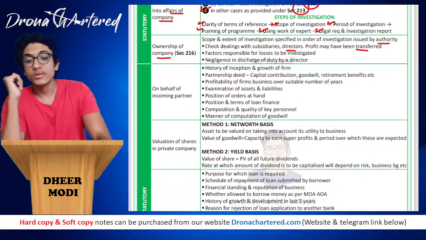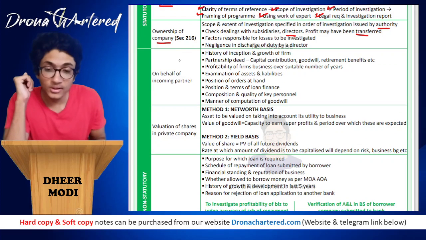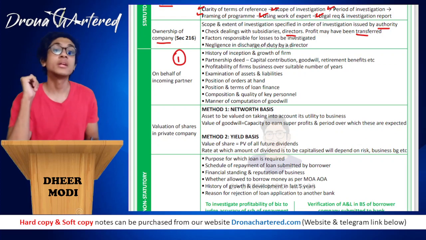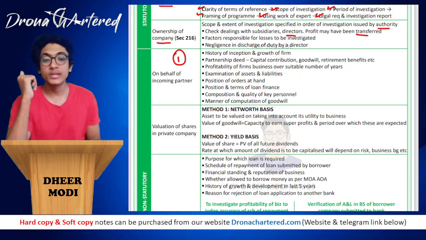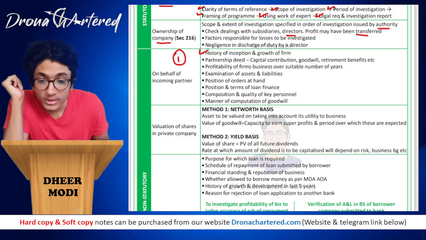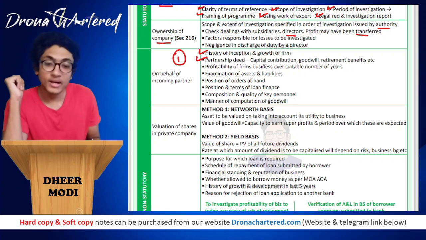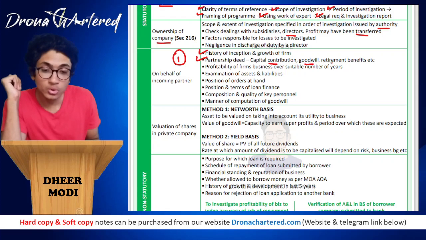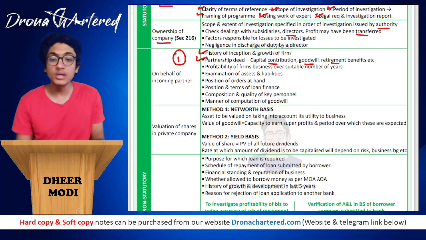Next are your non-statutory investigations. So there are certain non-statutory investigations. First is on behalf of an incoming partner. So when a partner is entering into a partnership firm, what all things do you think we should check? Of course, first is the history and inception of the growth of the firm. Next is your partnership deed, your capital contribution, goodwill, retirement benefits, etc. Your partnership deed, of course, has to be checked.